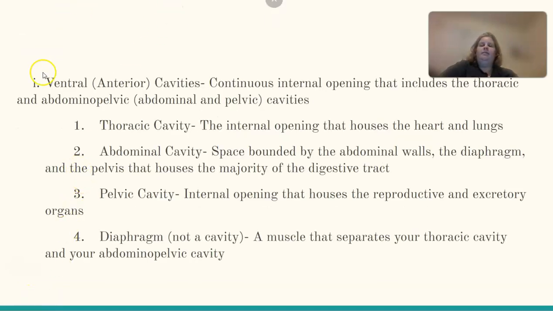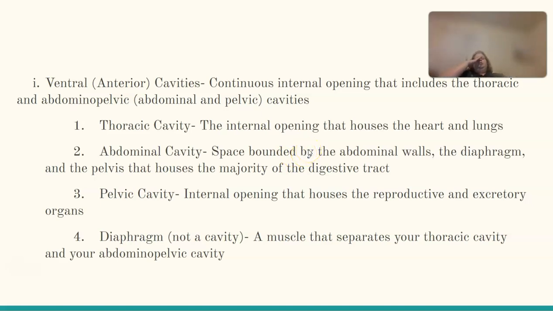Alright, so then we have several more ventral or anterior cavities. So again, these are continuous internal openings that include the thoracic and abdominopelvic, which is your abdominal and pelvic cavities. So your thoracic cavity is where your heart and your lungs live, so it's right behind your ribs. Your abdominal cavity is the space bound by the abdominal walls, the diaphragm, and the pelvis that house the majority of your digestive tract.